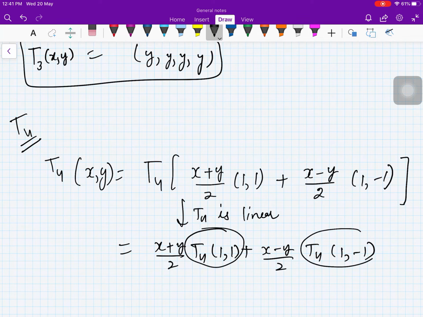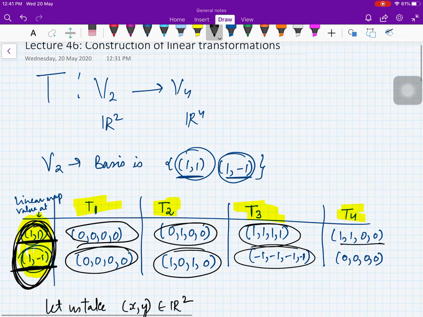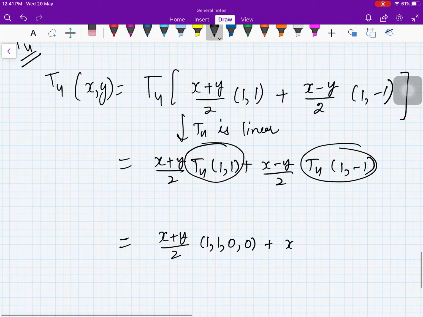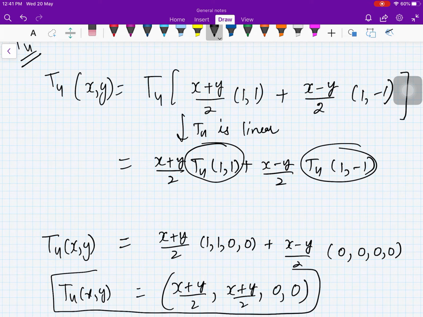Now T4 of (1, 1) is (1, 1, 0, 0), and T4 of (1, −1) is (0, 0, 0, 0). So this is (x+y)/2 times (1, 1, 0, 0) plus (x−y)/2 times (0, 0, 0, 0). So this is T4 of (x, y), which is ((x+y)/2, (x+y)/2, 0, 0). So this is your linear map.